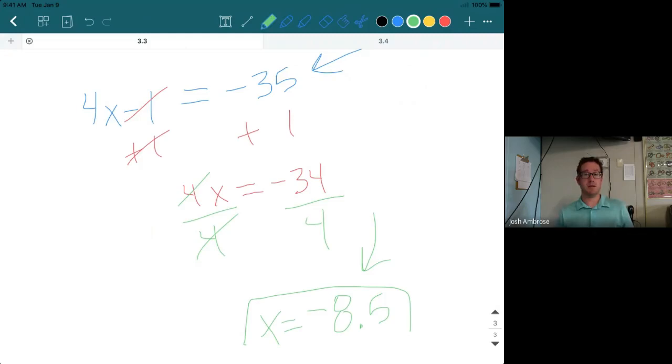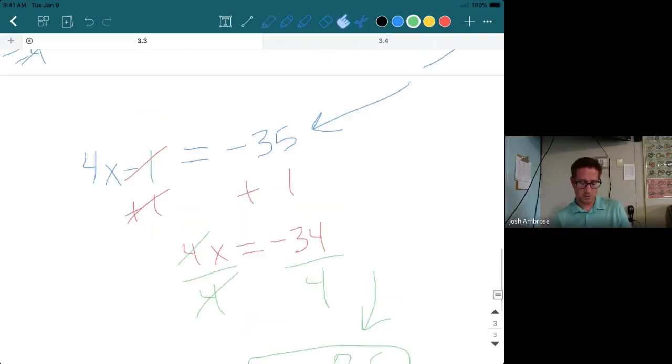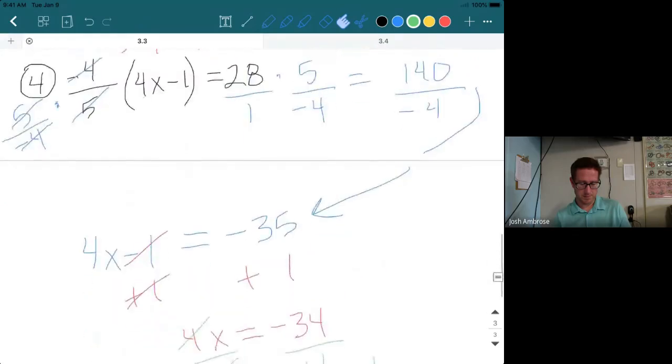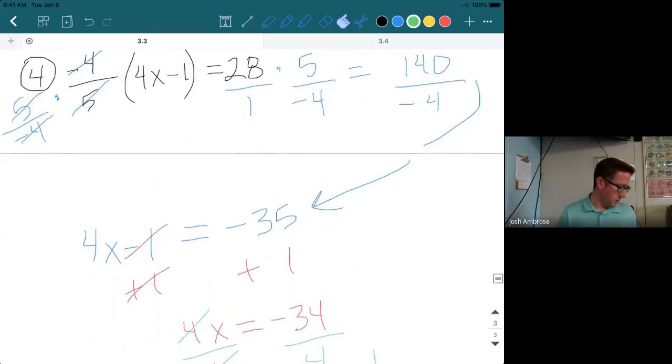Okay, right there, guys. So let's take a look here at all the steps that we went through to solve this problem. Okay, so what we were given at the beginning here, we had a negative 4 over 5, parentheses 4x minus 1 equals 28. Good. Okay, flip it and double check that we multiply by the reciprocal.